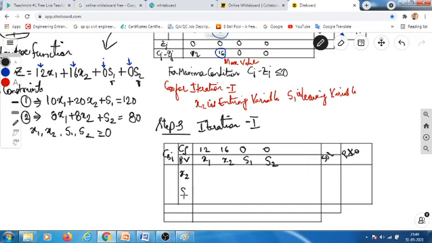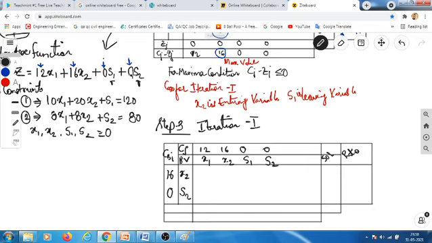Here we already have s2. What is the coefficient of x2? The coefficient of x2 is 16 in the objective function. What is the coefficient of s2? It is 0 in the objective function. Okay. So, to get the new values, what do we have to do?